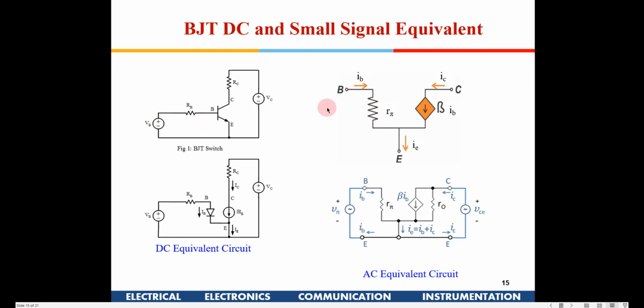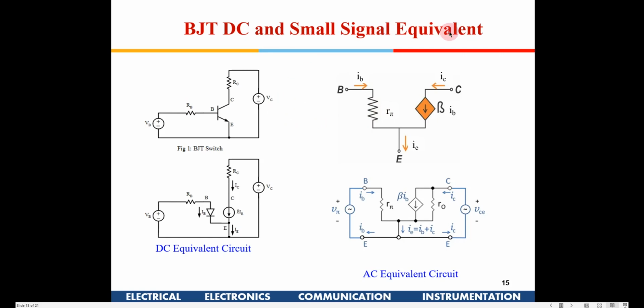For an AC signal, this BJT is going to offer a resistance known as R pi, which is the input impedance of the BJT. Mind you, this is not to compute the DC currents. This small R pi is just to compute the AC currents. When we take on the problems, it will be very clear.